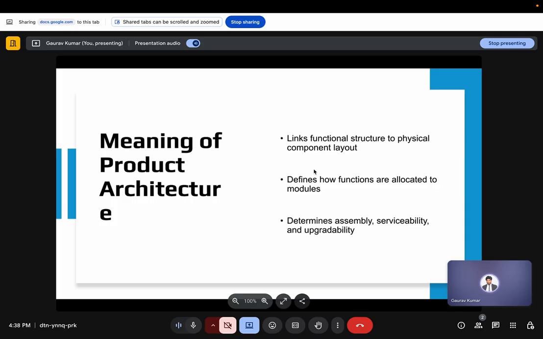Early choices create a long shadow. Clear architecture reduces integration risk and enables parallel development, and ambiguity is expensive later. So architecture is the hinge between conceptual intent and industrial reality.